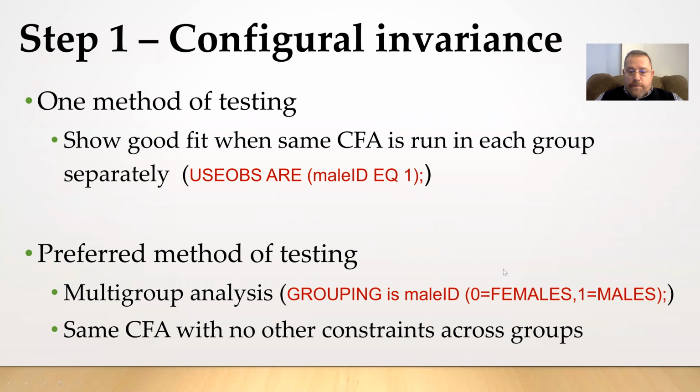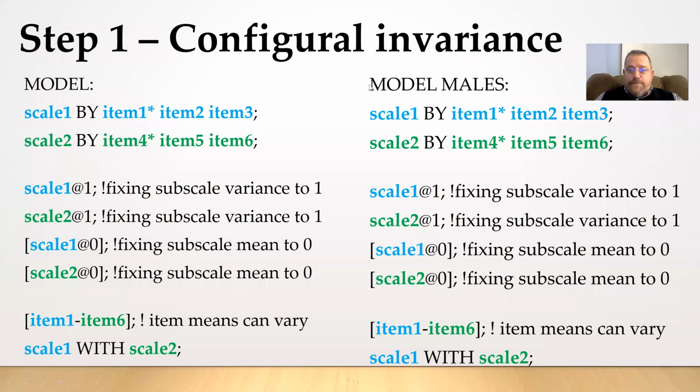And so it will, by default, apply that to the female group. Then I add, after all of this appears, model males and I repeat all of that. What that does is it tells Mplus super explicitly, please recreate this model, but allow it to freely vary in males as well.